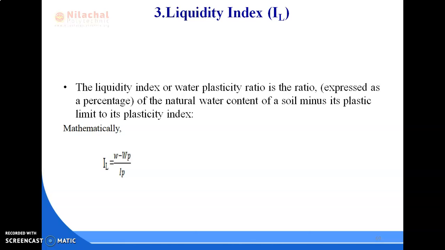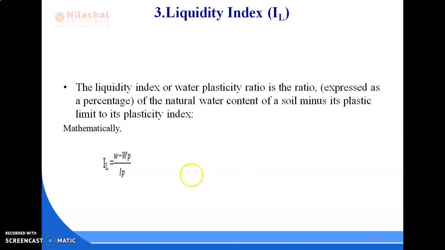Then third one is liquidity index. The liquidity index or water plasticity ratio is the ratio, also expressed in percentage, of the natural water content of a soil minus its plastic limit to its plasticity index.